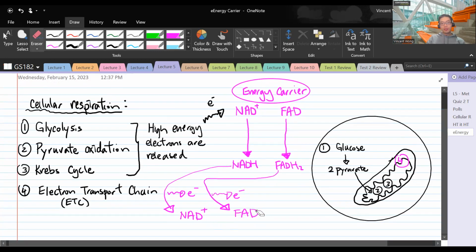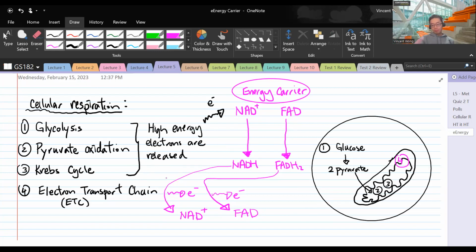So the NAD+ and the FAD, once they let the electrons off, will go back to the first three steps and pick up more electrons, and then come here, back and forth, kind of like a shuttle service between campus and the nearest bus station around your home. So pick up passengers, drive them to the fourth step, let them off, and then go back and pick up more passengers. Does that make sense?